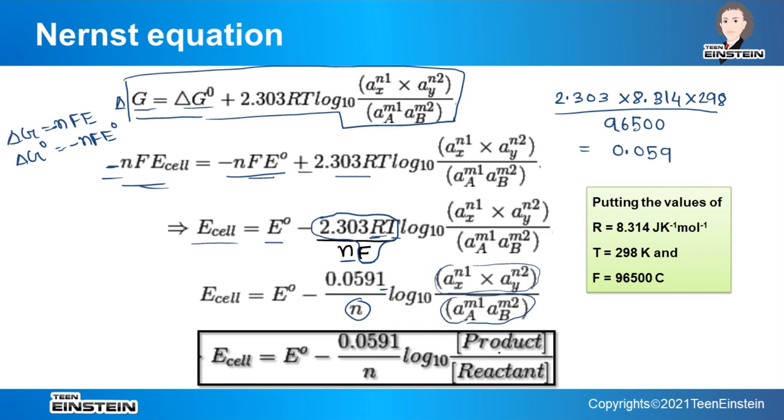So finally we are making it simpler, simply product concentration. Whatever species are present in the right hand side we write first, and then in the denominator all the species that are present in the left hand side of the equation. So this is the Nernst equation, a very important equation. We will see the use of this equation in different ways.